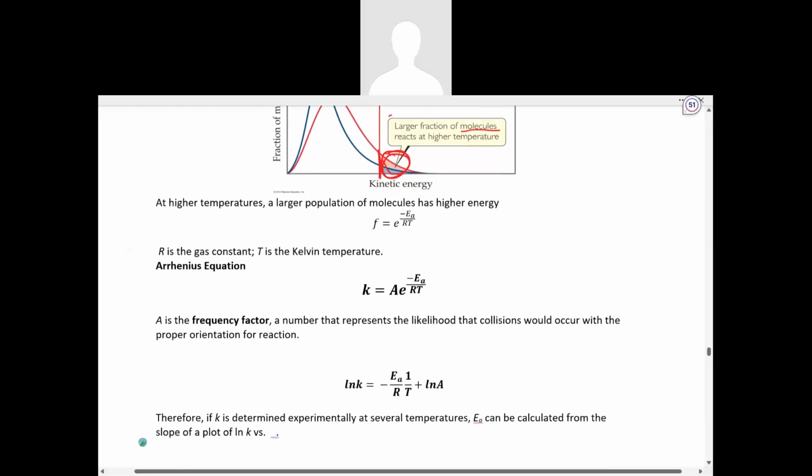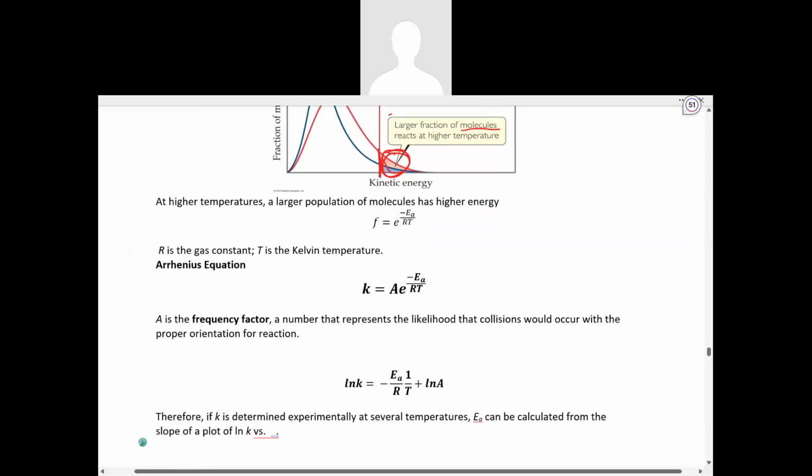So we can relate this through what's called the Arrhenius equation, and that's what is shown over here. We have the activation energy that we just discussed. We have our K, our rate constant. This A here, this is referred to as a frequency factor. We will not do any calculations with this, but it just tells you the likelihood of collisions that would occur with the proper orientation, of course.